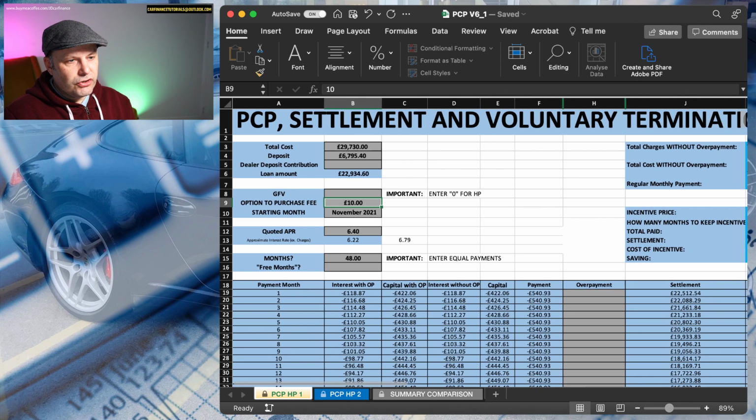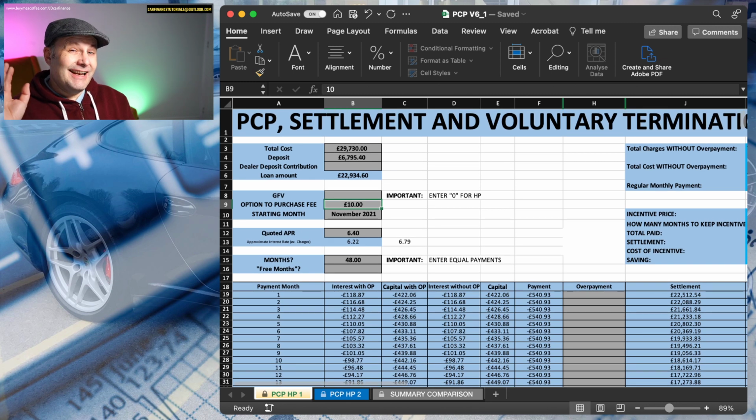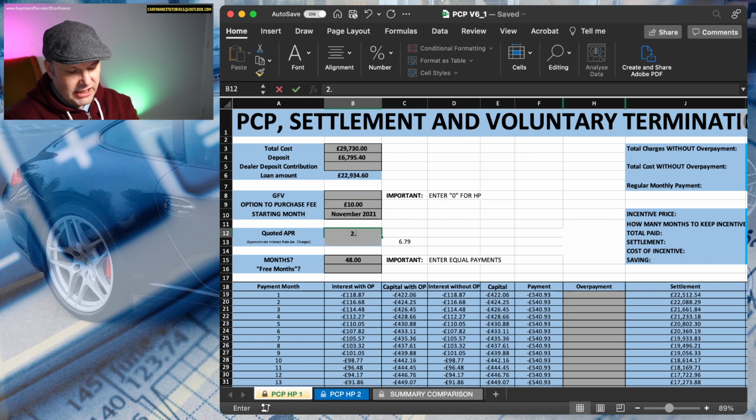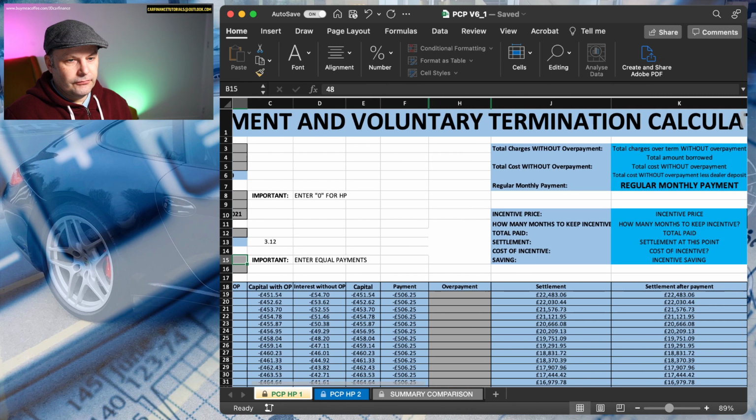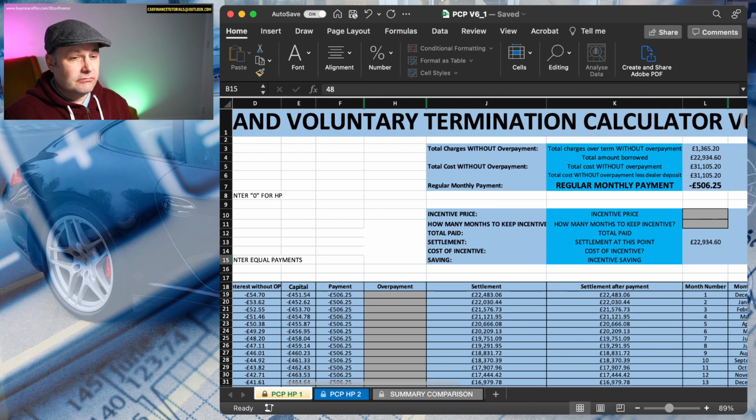Now, if you could borrow £22,000 on a loan, and again, this is something where on really high value cars, loans don't sometimes work, because often you'll find that personal loans are only up to, say, 25 grand or 30 grand. But let's say we can borrow £22,934 and we can get a rate of 2.9 from, say, one of the high street banks. £506.